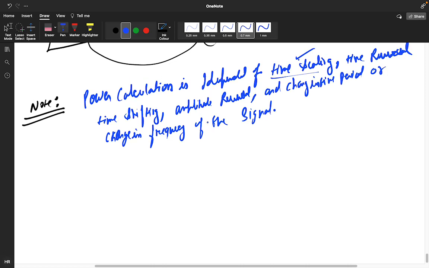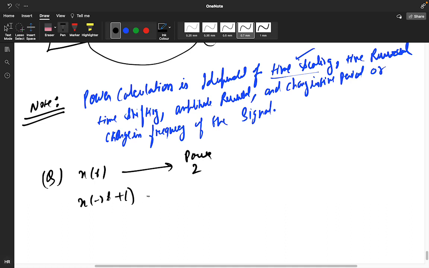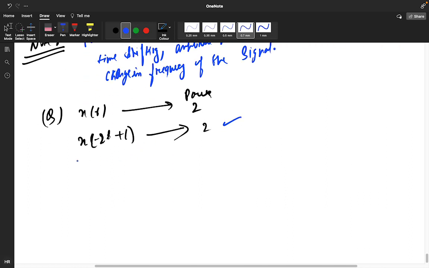So suppose you have x of t whose power is 2. What will be the power of x of minus 2t plus 1? Time scaling does not matter and time shifting does not matter. You will get the same power. And even if you do amplitude scaling, like 2j multiplied by x of minus 2t plus 1, then what will be the power?